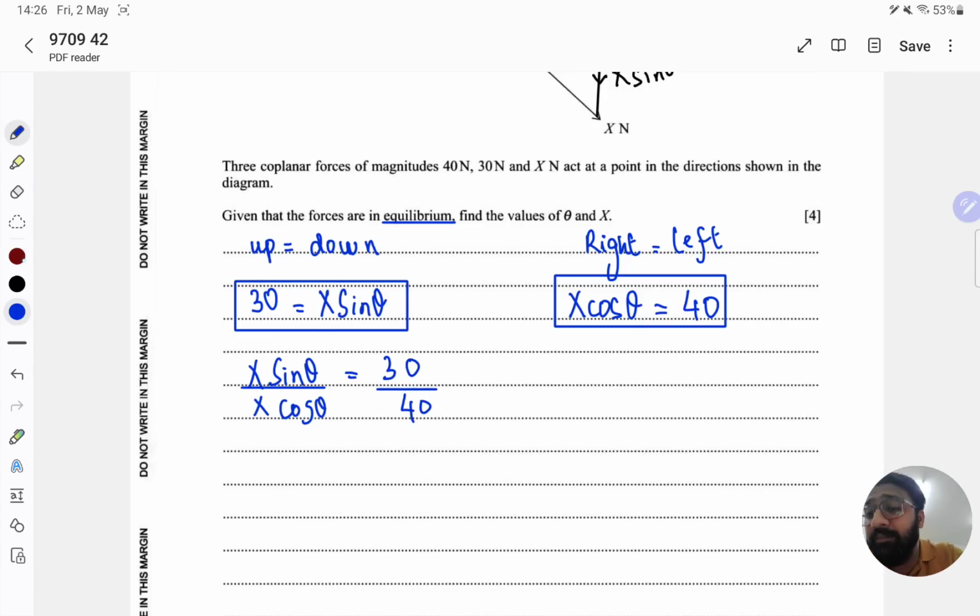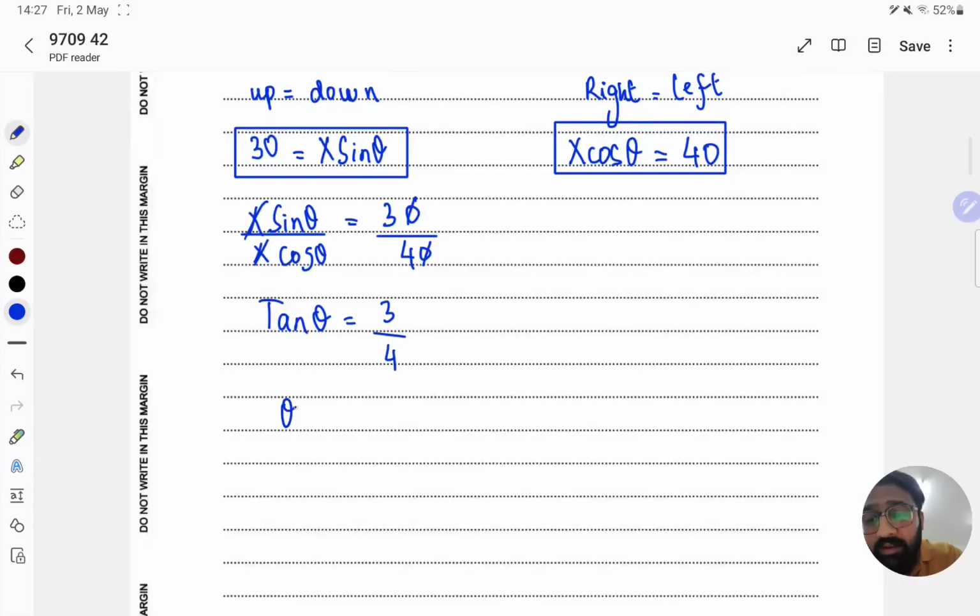Now we simplify: x cancels with x, and 0 cancels with 0. Sin theta over cos theta is tan theta, so tan theta equals 3 by 4. Now we can find theta: shift tan inverse of 3 by 4, which is 36.9 degrees.